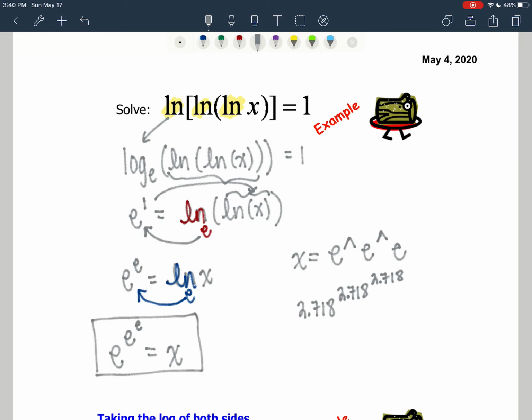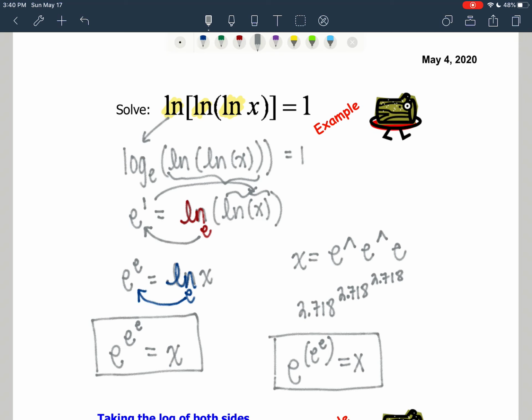I'm just going to make it look like a whole bunch of smaller sized e's because that looks kind of cool. But that's our answer. e raised to the e raised to the e. Cool stuff. That's the value of x.